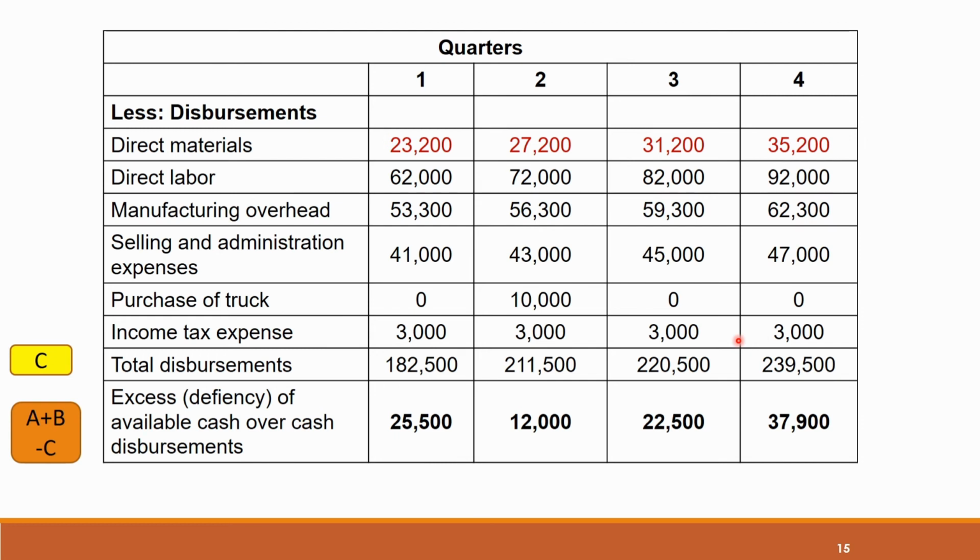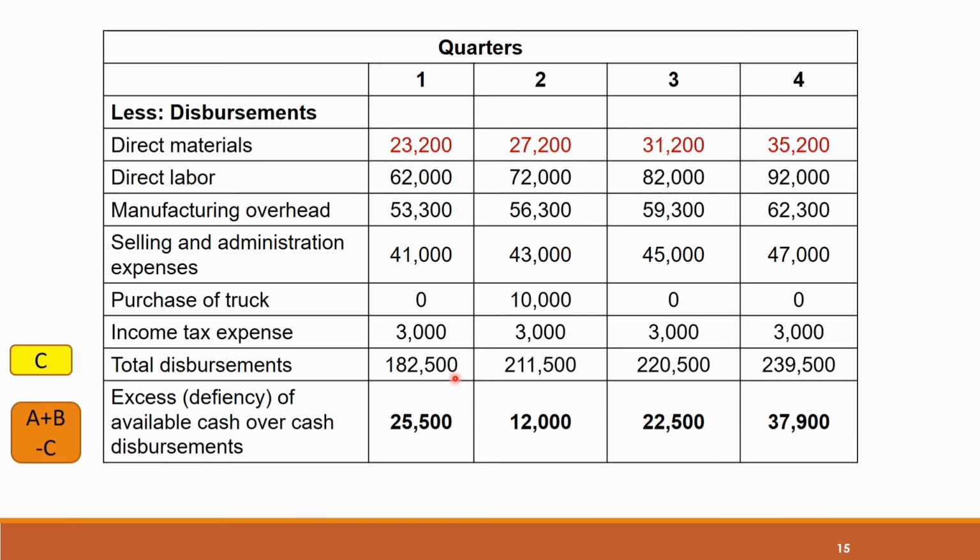So we just focus on the first column, or the first quarter, the total disbursement or the total cash payment. You have to add all these items 1, 2, 3, 4, 5. There are 5 items under cash disbursements. So the total is 182,500.